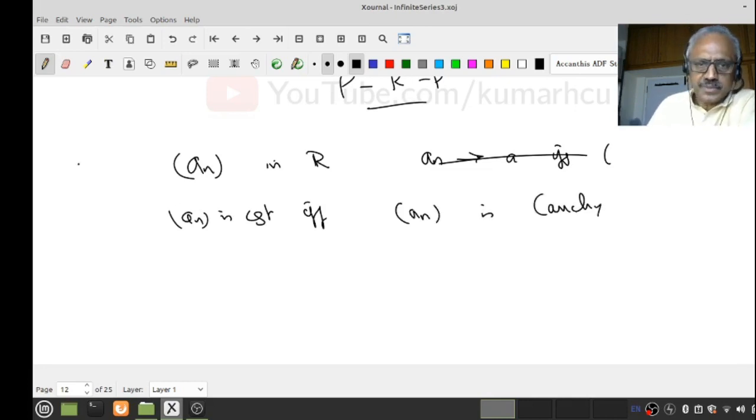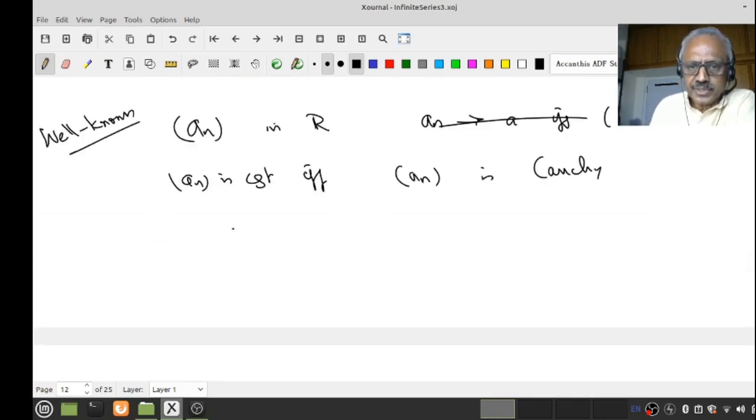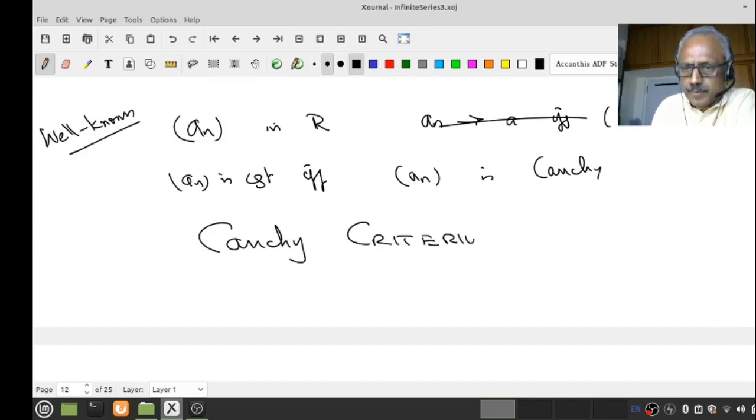This is a well-known result, right? This is called the Cauchy criterion for convergence of a sequence.